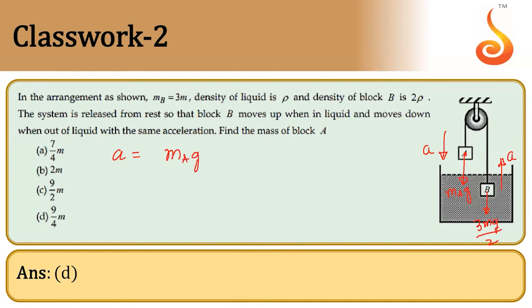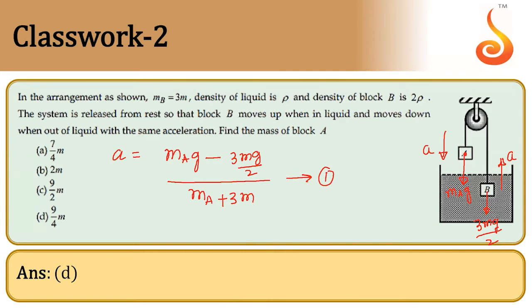MAG will pull the system leftward, and the apparent weight of block B will pull rightward. But who is winning? MAG is winning, because ultimately block A is going down. Say this is equation number 1.